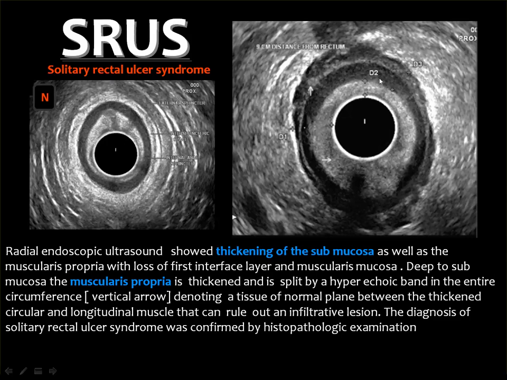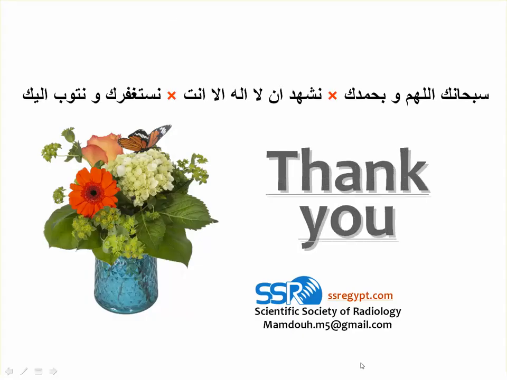And also you can see that there is a relatively echogenic band between the layers of the muscularis propria. And according to the literature, they said that if this is an infiltrative pathology like infection or neoplasm, this line would not be present, because this line indicates that you are dealing with a non-infiltrative pathology. This is according to the literature, and the diagnosis of solitary rectal ulcer syndrome in this particular case was confirmed by histopathologic examination. Thank you very much.